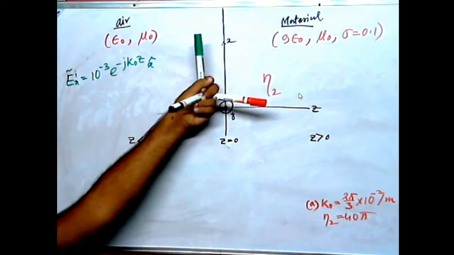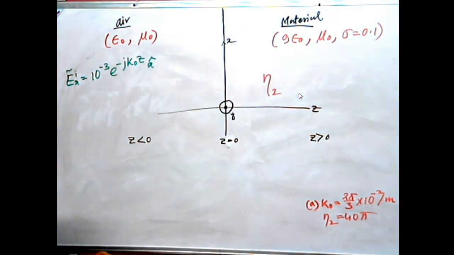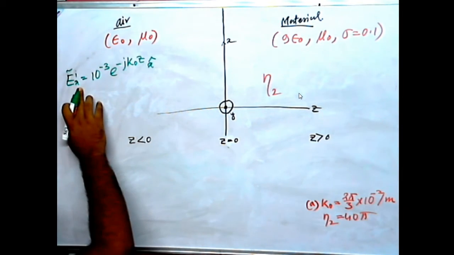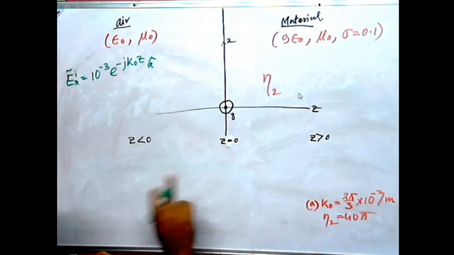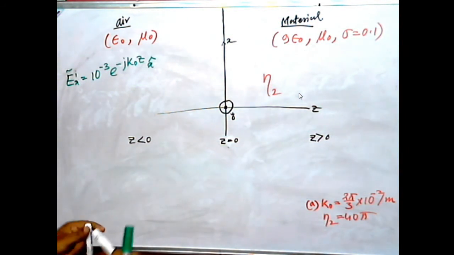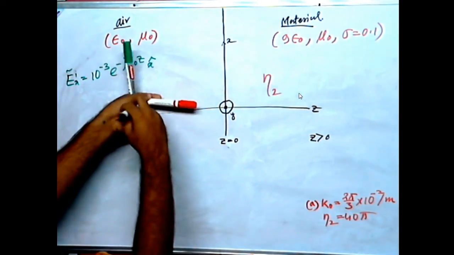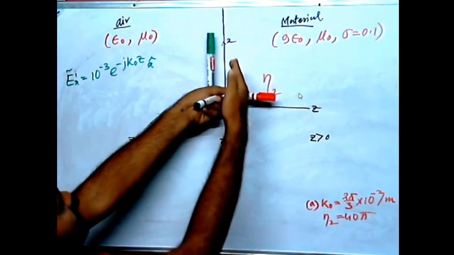Now in order to find the conduction current density here, you have to apply the boundary condition. We know from the boundary condition that the tangential component of the electric field is continuous across the boundary. You can easily visualize that this x component is tangential to this boundary.